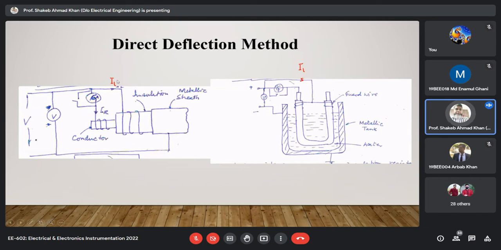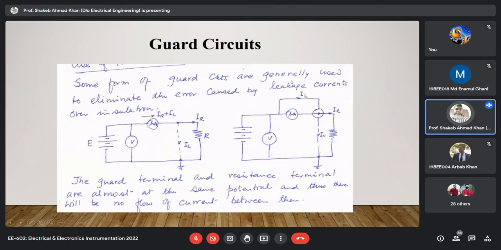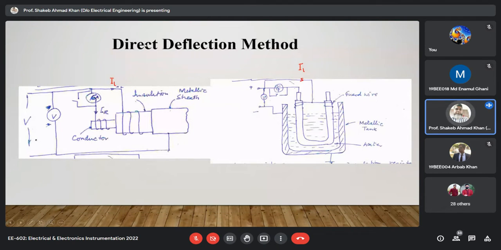Now we are looking at some additional extension out here. One is this and another is this. So this circuit is basically a guard circuit. Try to understand how the conceptual diagram that I showed is physically implemented. Your leakage current will always flow through the surface of the insulation.